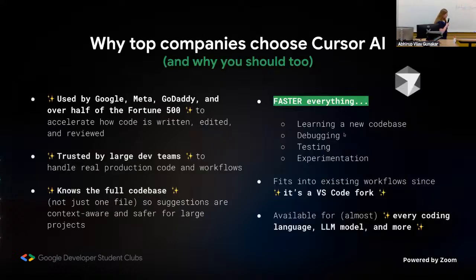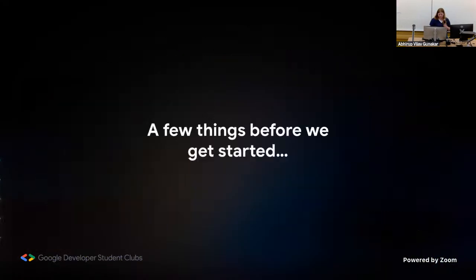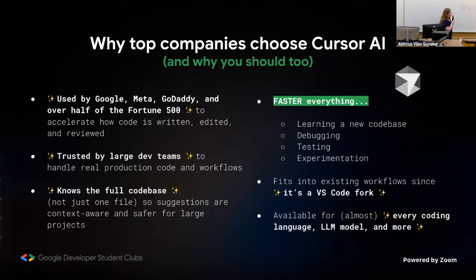This is a slide on why the top companies are choosing Cursor AI. It's used by Google, Meta, GoDaddy, and over half of the Fortune 500 companies to speed up development and give their engineers less stress.